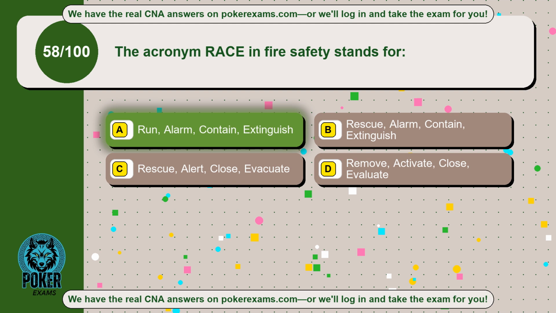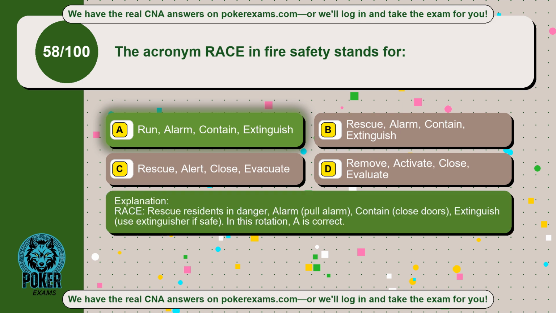The correct answer is option A. Run, alarm, contain, extinguish. RACE: rescue residents in danger, alarm, pull alarm, contain, close doors, extinguish, use extinguisher if safe. In this rotation, A is correct.